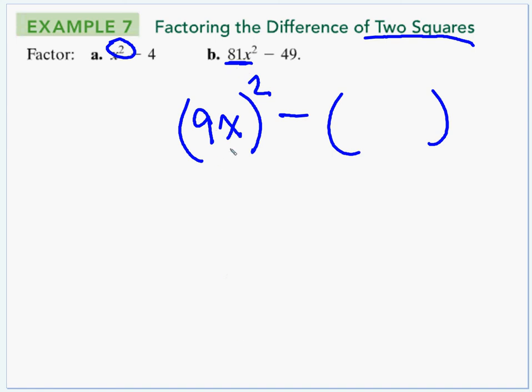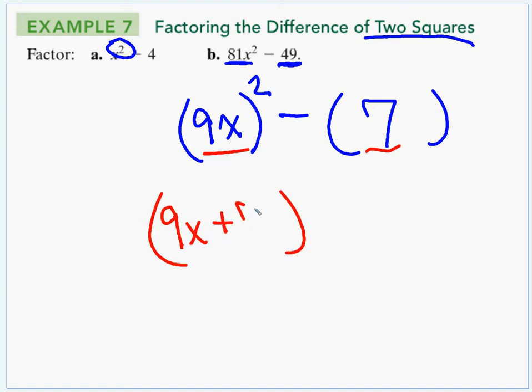So that term is a 9x. The 49 is a little easier. What's the square root of 49? 7. So your terms are a 9x and a 7. So your factors are going to be a 9x plus 7 multiplied by a 9x minus 7, a sum and a difference of those same terms.